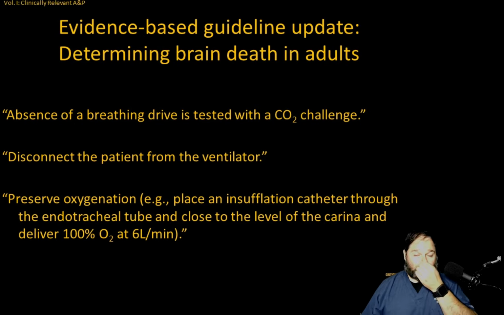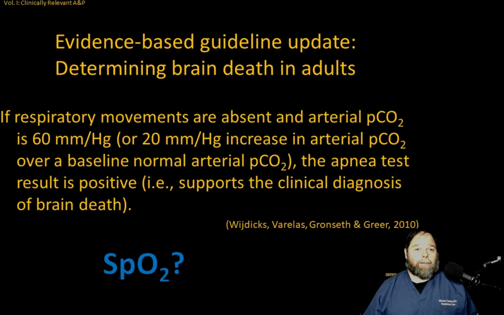Typically, when they first start, they're going to draw a blood gas, and they're looking for a normal CO2. So if you've got them on the ventilator, and the ventilator is set correctly, the CO2 should be normal. And then they're going to wait for like 15 minutes, and then they're going to recheck a blood gas.